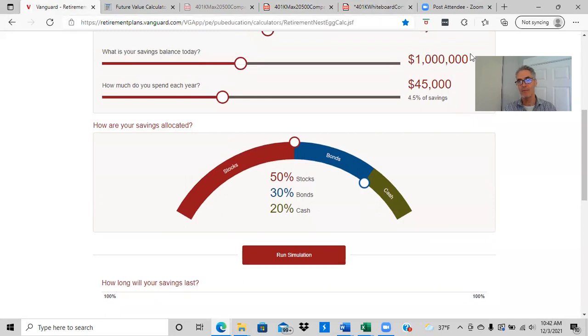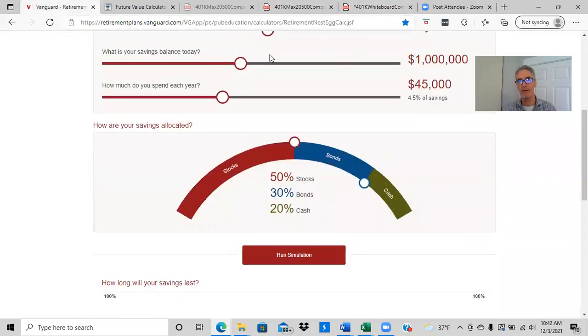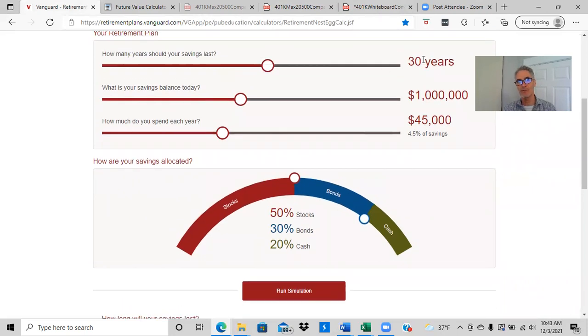Remember that we had 1.291, but I'm going to round that up because I have to with this particular calculator. So let me scroll here and show it. How long does it have to last? It's 30 years. I'm going to move this to 1.3. And how much money do you spend a year? Well, I'm saying I'm going to spend every dollar of that 59,000, right?